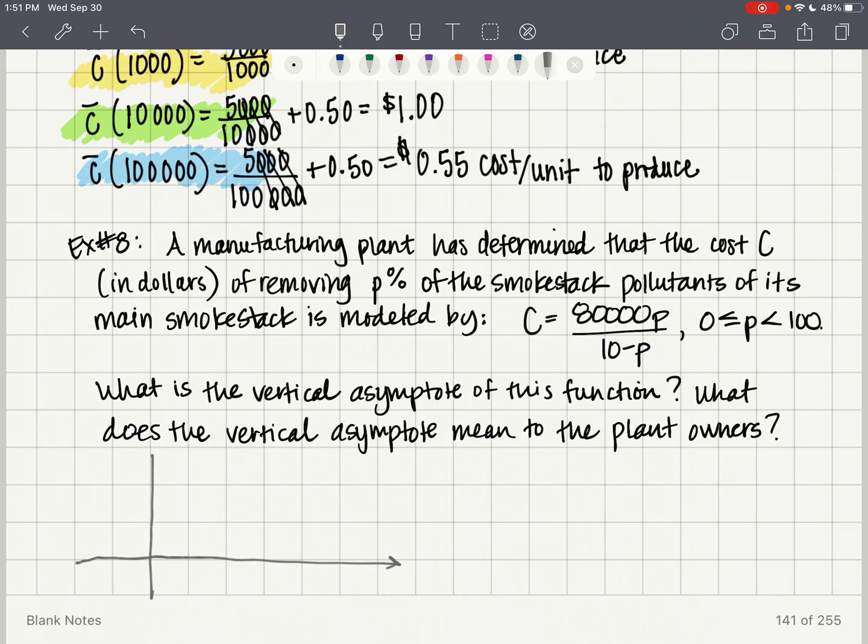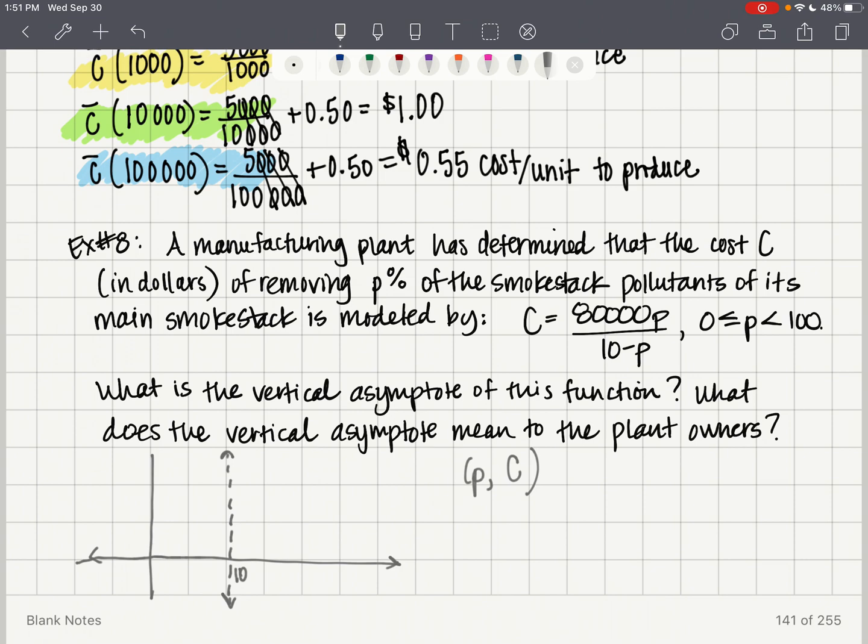Know that you've got a vertical asymptote at P equals 10. So our input is our percentage of the smokestack pollutants, and our output is the cost.